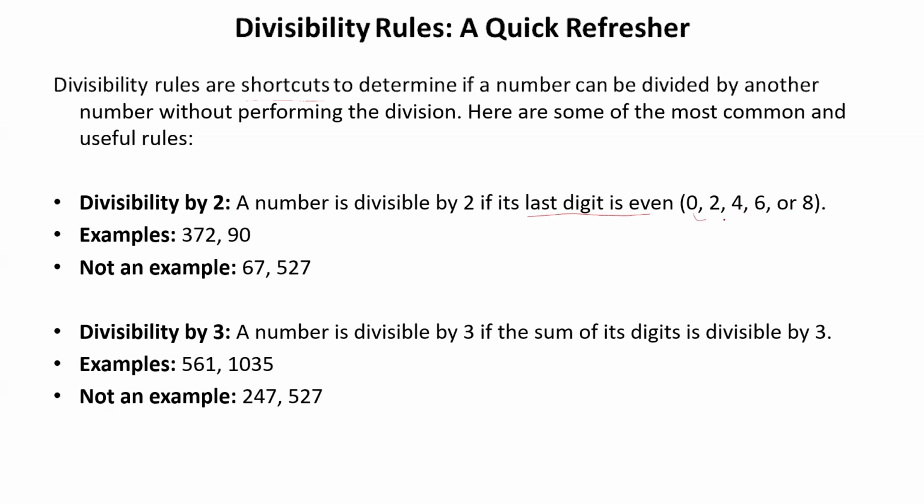If a very big number is given and somebody asks you if this number is divisible by 2, just look at the last digit. If the last digit of that number is either 0, 2, 4, 6 or 8, that means yes, otherwise no.